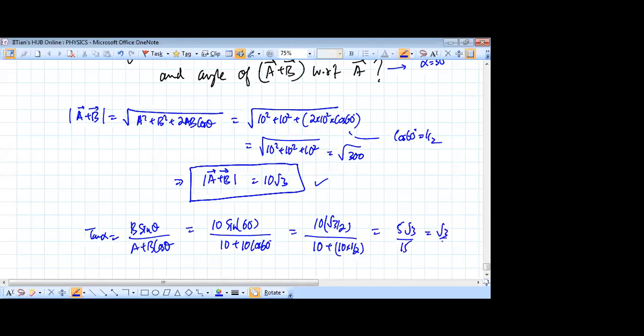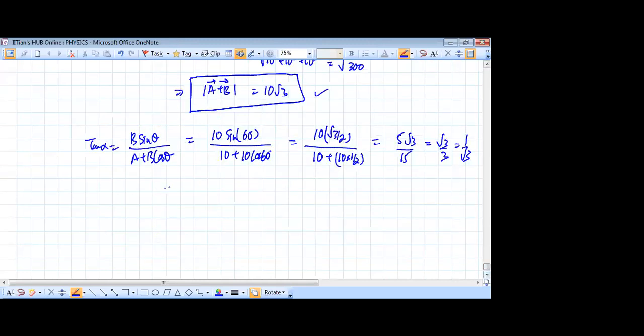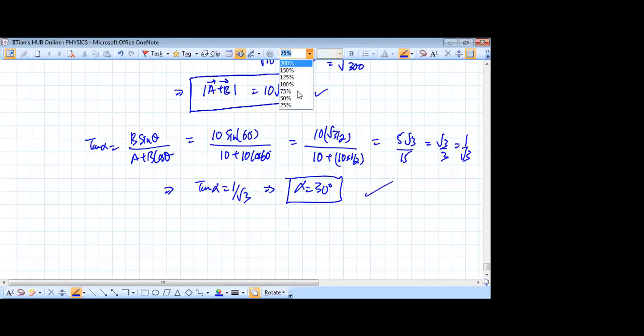So that is root 3 by 3 or 1 by root 3. Okay. So tan alpha is 1 by root 3 means that alpha is equal to 30 degrees. So this is your final solution of this question.